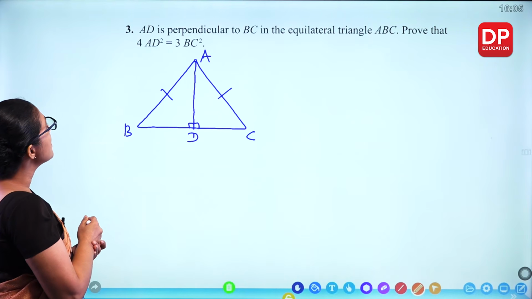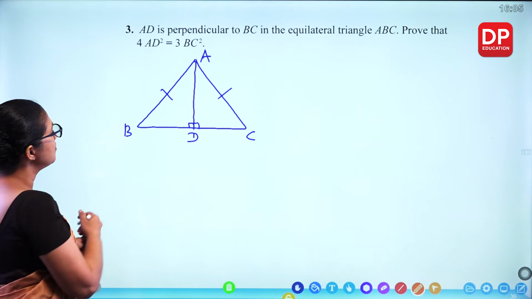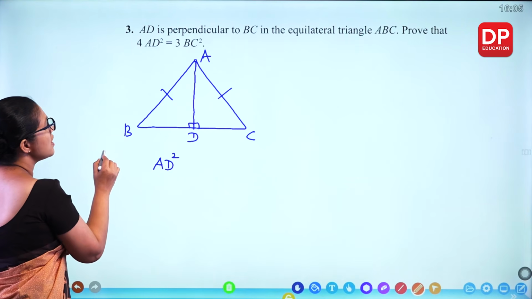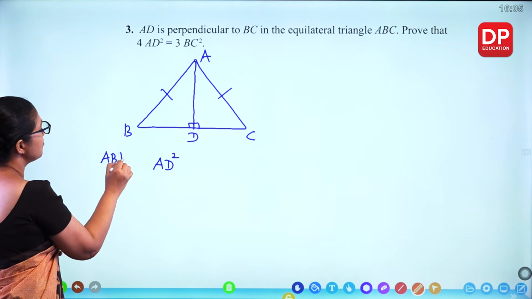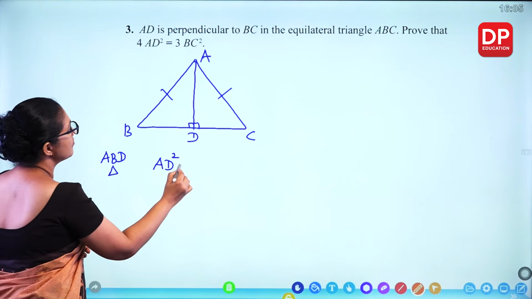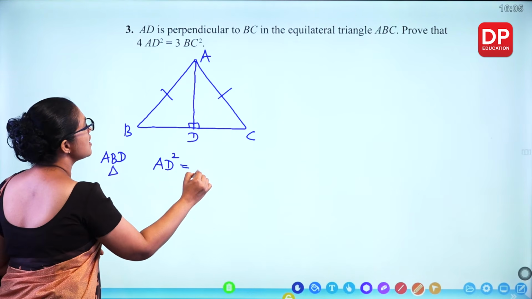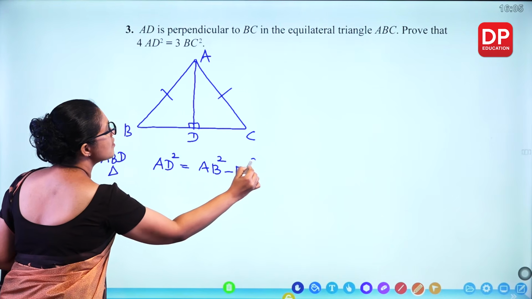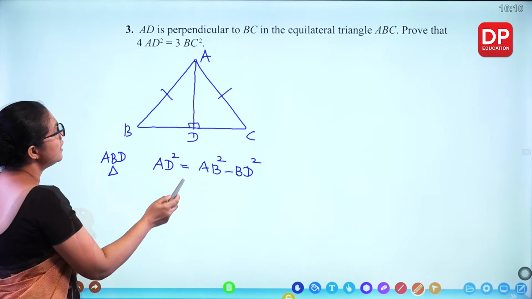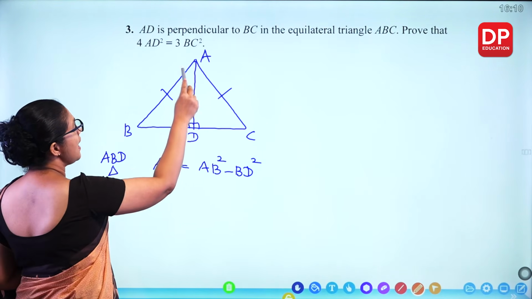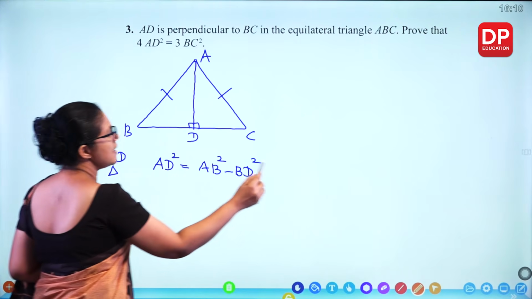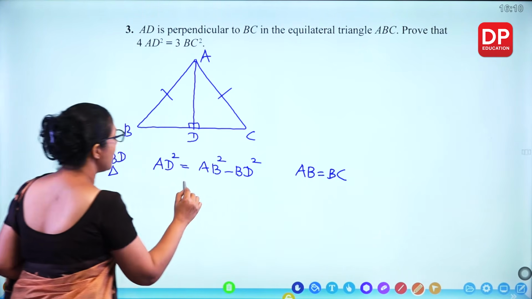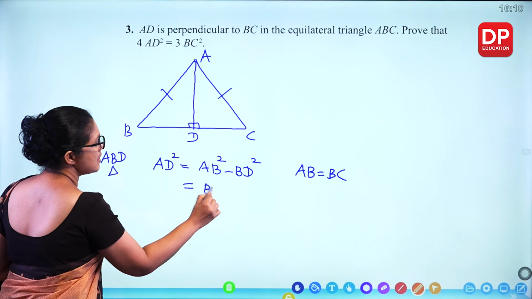So we'll first write down AD squared. What is AD squared using ABD triangle? AD squared is AB squared minus BD squared. Here I can use AB is same as BC. So I can plug instead of AB, this is BC squared.